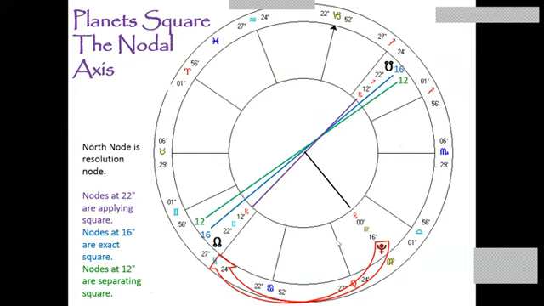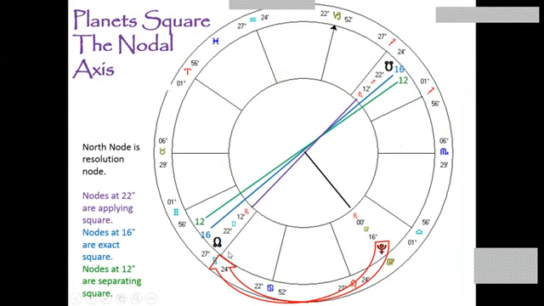So in this example here with Pluto square the nodes, we would actually start with Pluto at 16 degrees Virgo, and we reverse through the houses until we get to the nodes. And here you see that the node is at 22 degrees 12 minutes Gemini.